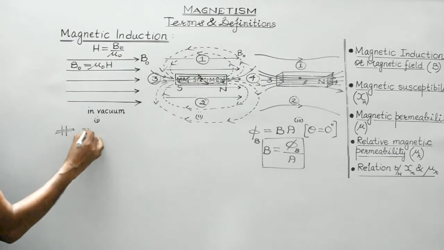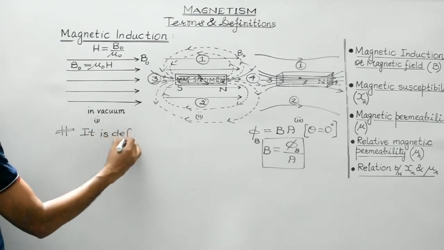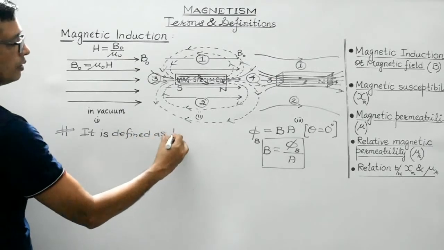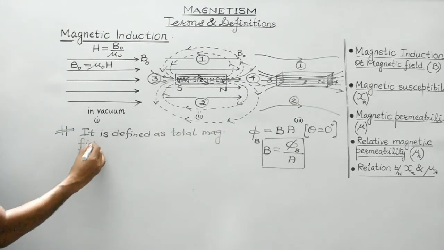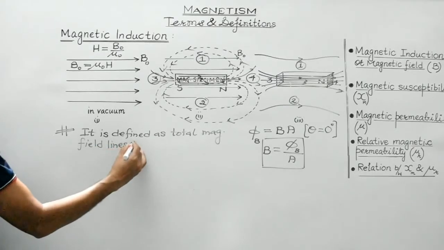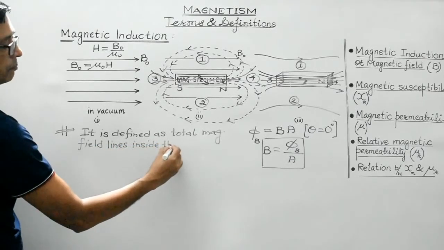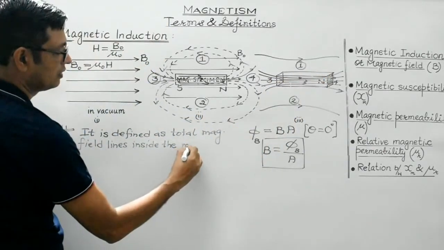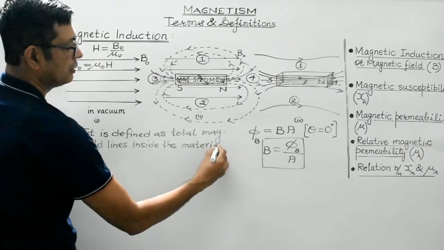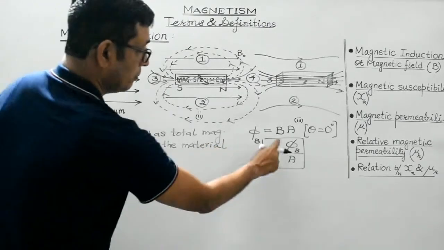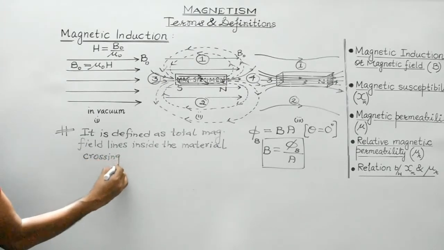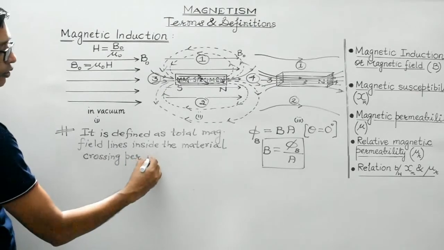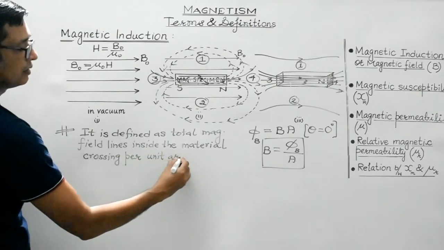Magnetic induction is defined as the total magnetic field lines inside the material of the substance crossing per unit area, and in what direction?